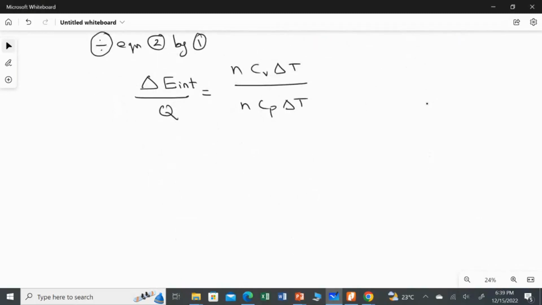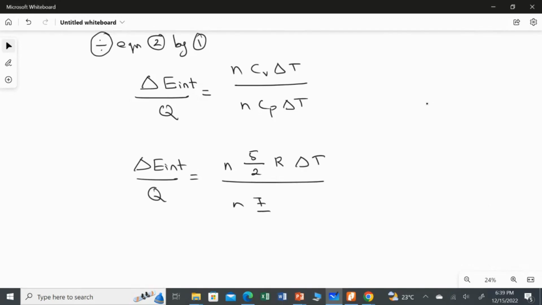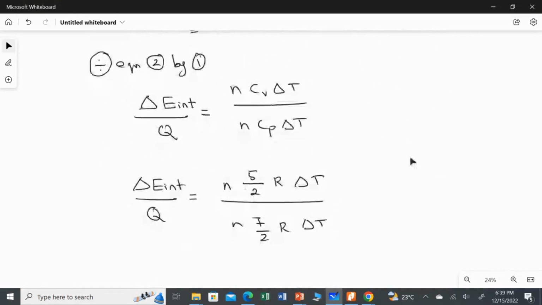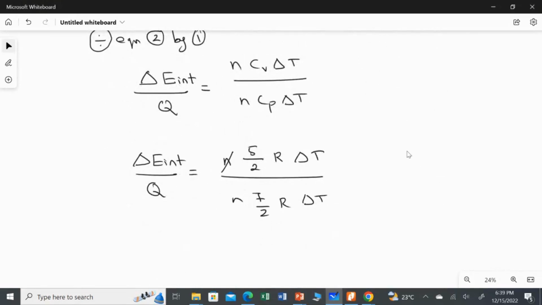By that, this equation will become change in internal energy over the amount of heat supplied, which is equal to n times 5/2 R multiplied by delta T over n times 7/2 R delta T. Now we can cancel the same terms: n with n, R delta T with R delta T, and also the two in the fractions, right?